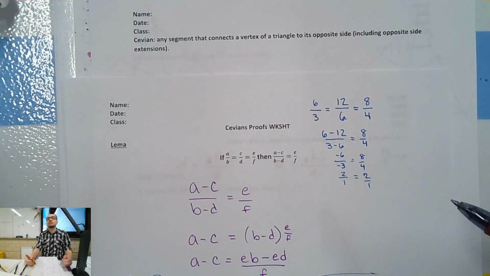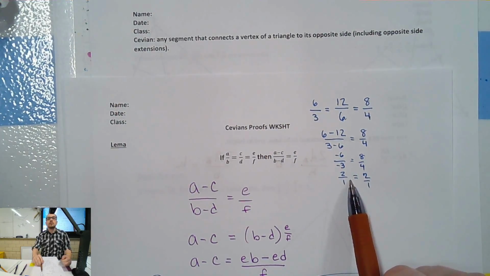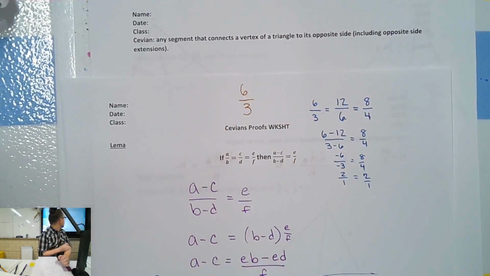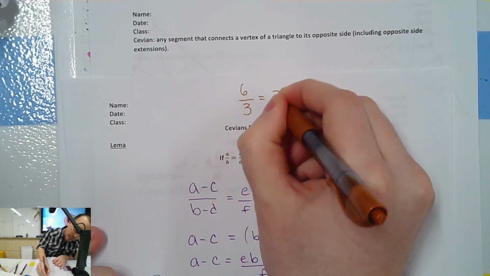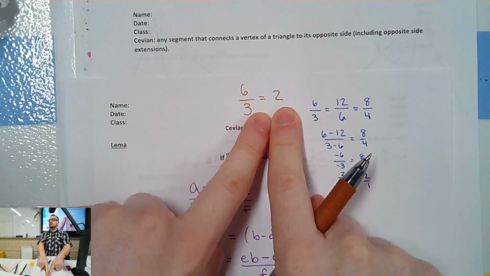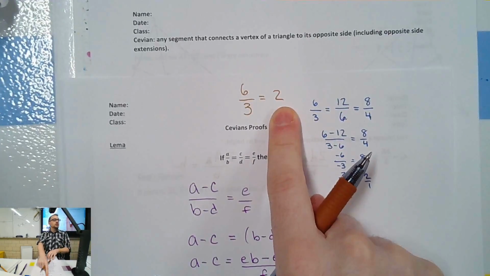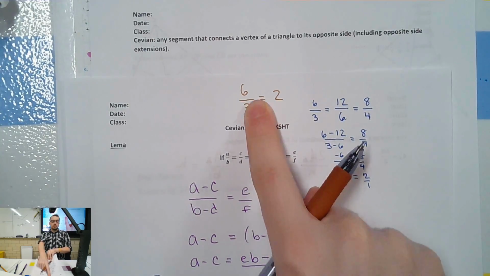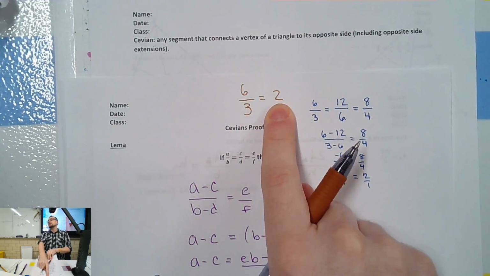And what's the relationship? 2. Double, right? So if you take 6 over 3, we say they're proportional. How are they proportional? By double, right? This tells you how they're related. The answer, 6 divided by 3 is 2. That tells you the relationship. That's why we write proportions as division, because it shows the relationship between two numbers. 6 and 3, how do they relate? By 2, right?